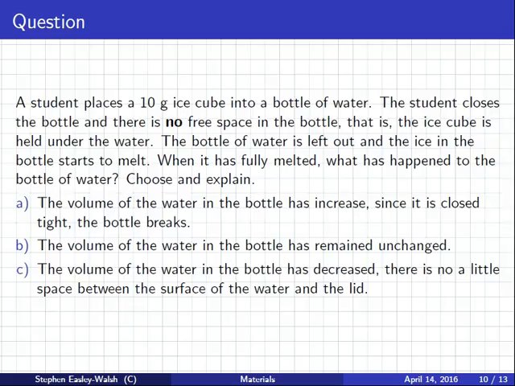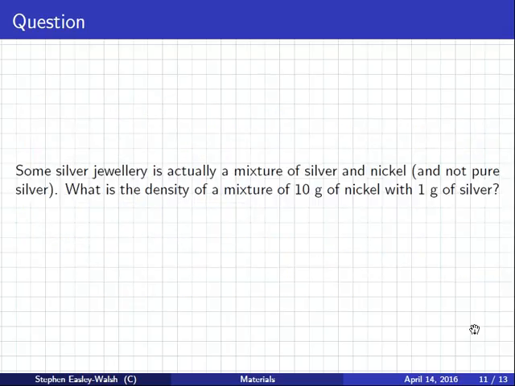Next question now. So let's see. Some silver jewelry is actually a mixture of silver and nickel, not 100% silver. So I want to know what's the density when you mix 10 grams of nickel with 1 gram of silver.